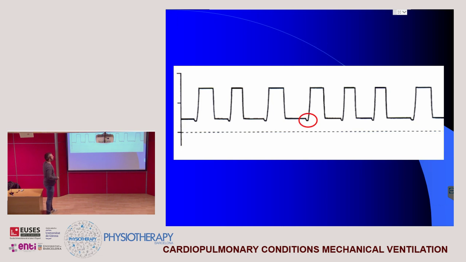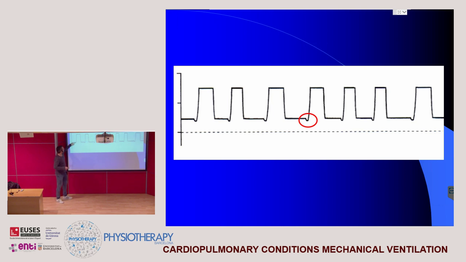Something you have to notice here is that all the cycles, all the inspirations, have been activated by the patient, and it also tells us that it is the patient who is deciding the respiratory length, respiratory volume, and also frequency.